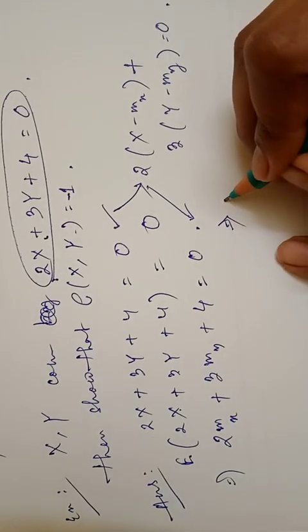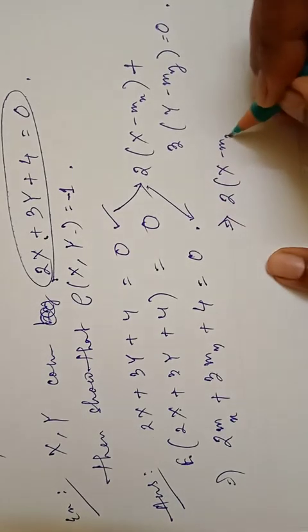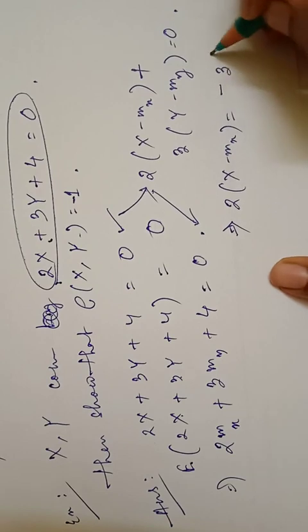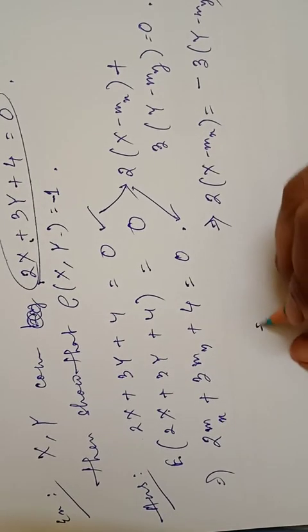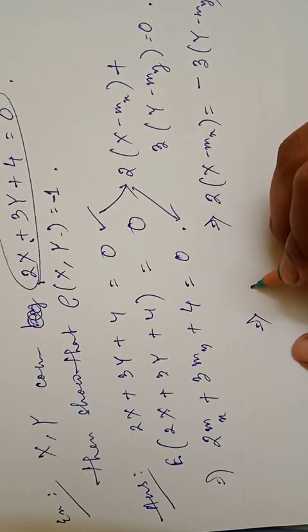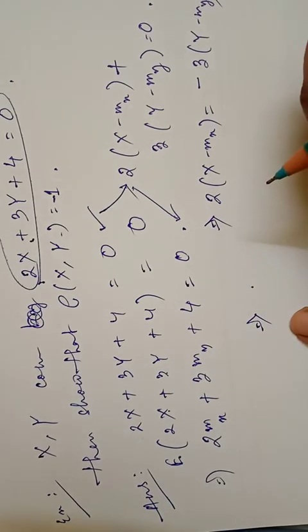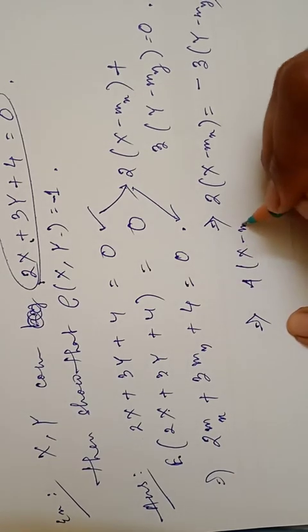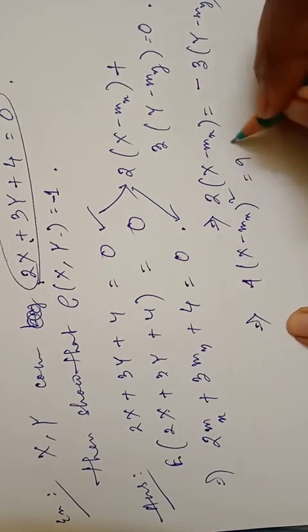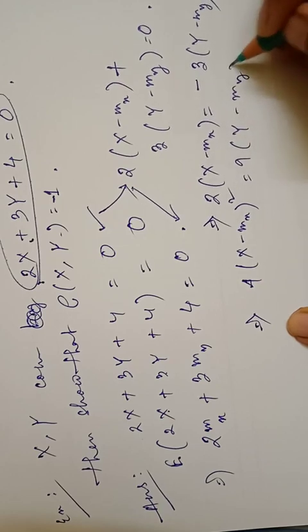So 2 into x minus mx equals to minus 3 into y minus my. Take square on both sides. 4 x minus mx its whole square equals to 9 y minus my its whole square.